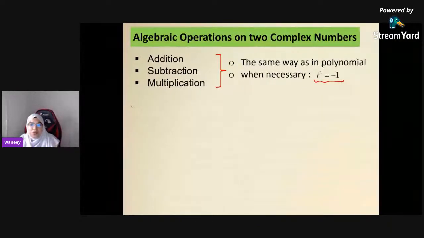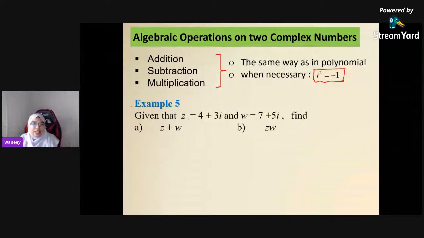If you do multiplication, you will end up with I square, so do make sure to use I square equal to -1, because the highest power of I in a complex number should be 1.